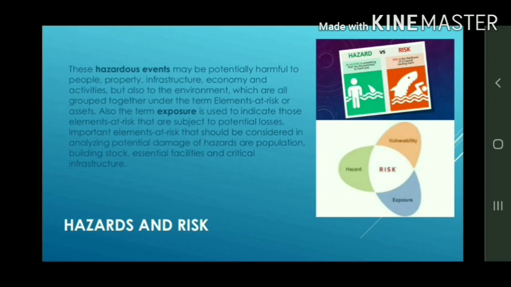This can be combined with a specific vulnerability and the capacity of the exposed elements to any particular hazard to estimate the quantitative risk associated with that hazard in the area of interest.